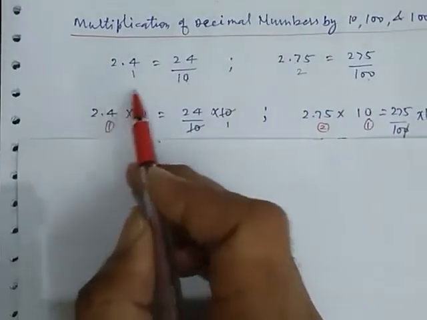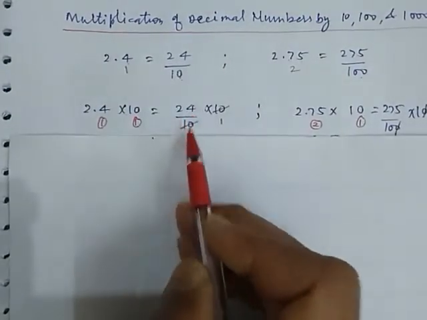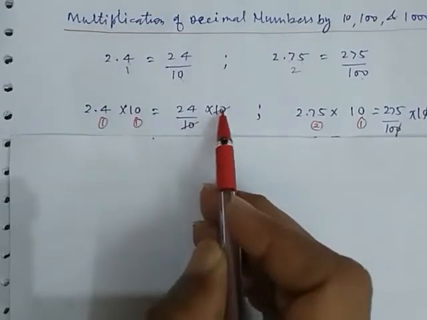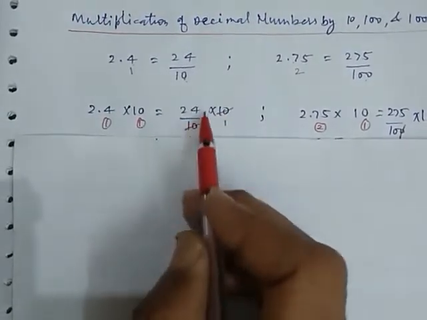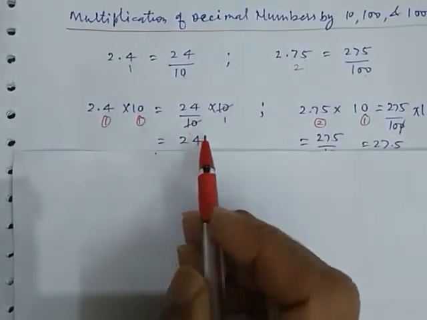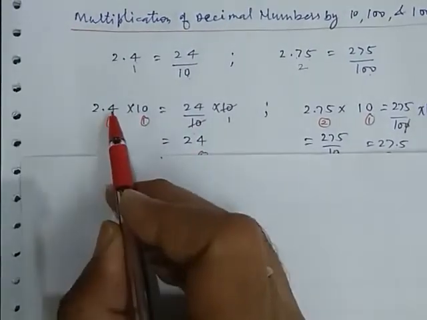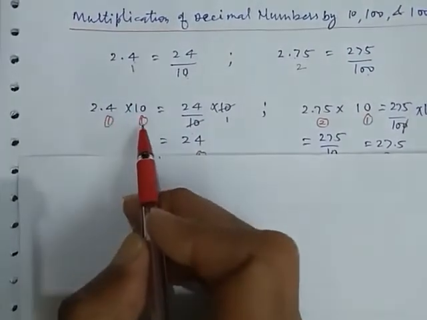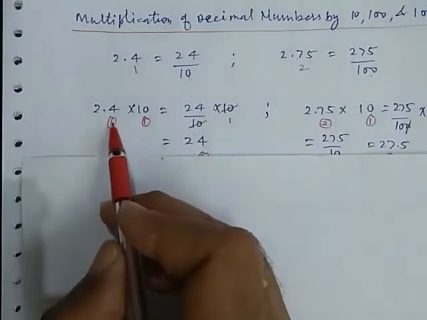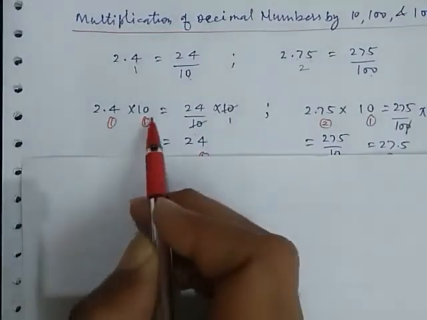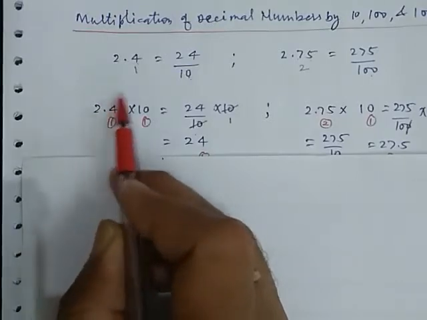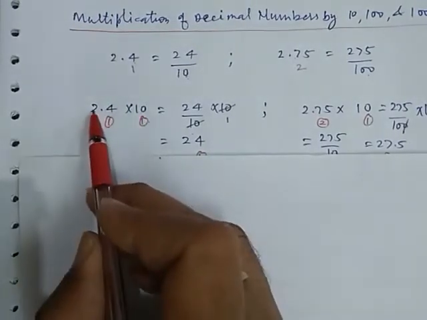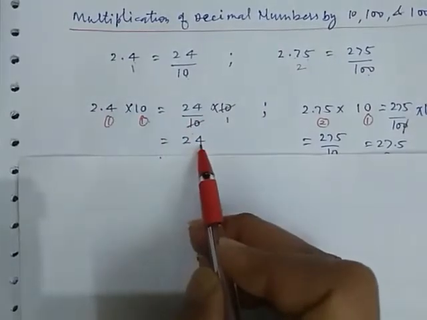So we convert this into 24 by 10, and here this is 10, so this 10 cancels out by this 10, and what is left? 24. But we can clearly see we just cancel out this digit by this digit. So the decimal cancels automatically, so this 2.4 becomes 24.